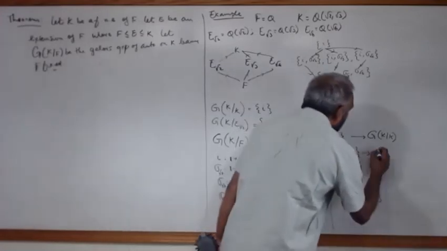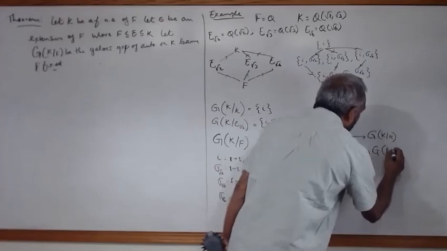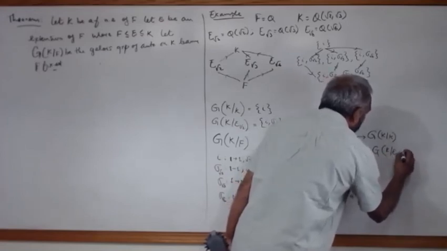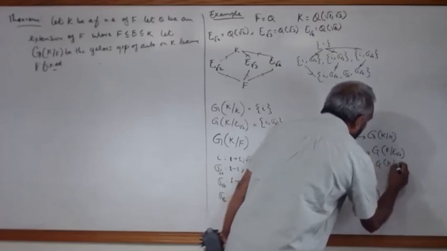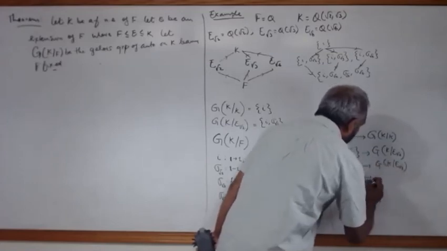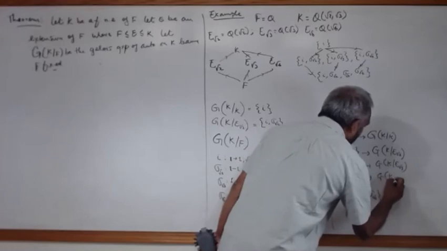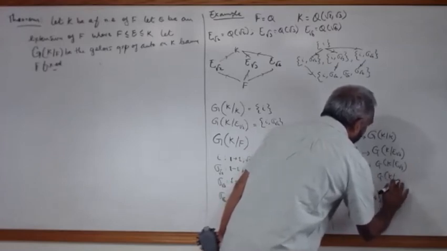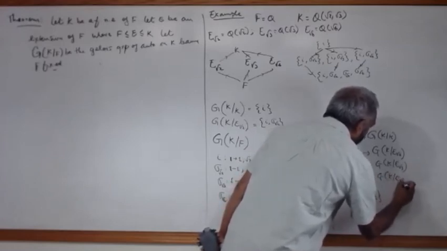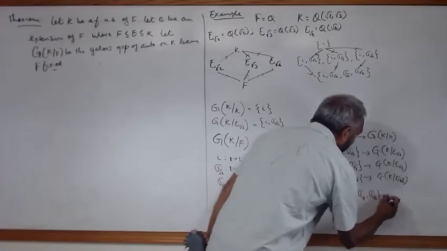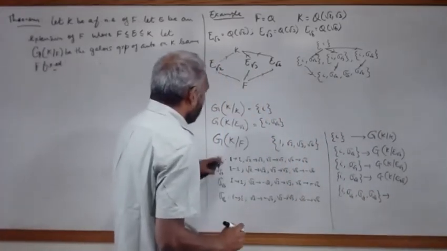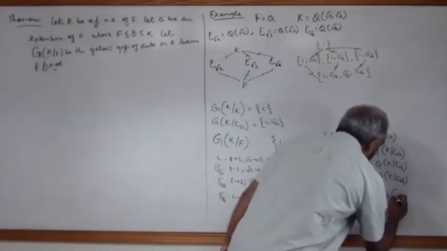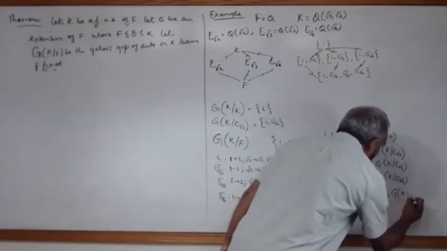So this will be G of K over E root 2. Similarly, this will be G of K over E root 3. This is G of K over E root 6. And finally, this will be the whole collection of all automorphisms, which is G of K over F.